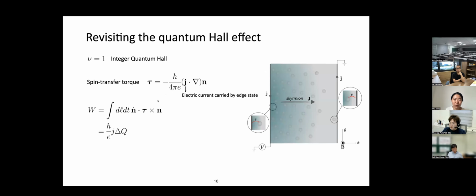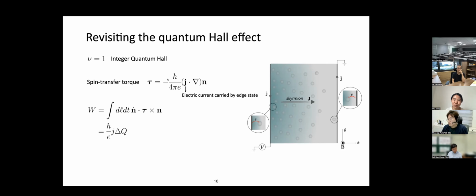And now we can put these coefficients in more strict forms. So the spin transfer torque here is again provided by the electric current on the boundary onto the magnetization dynamics. So the coefficient here is h bar over 2e, which means when you shoot in an unpolarized electric current, because the bulk is fully polarized, half of the electron spins will be flipped, and each flip contributes an h bar.